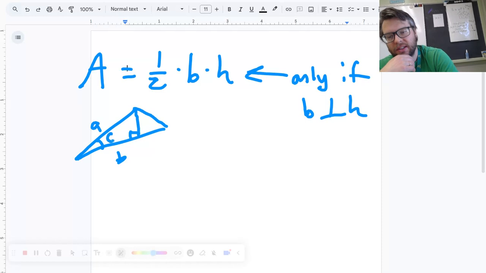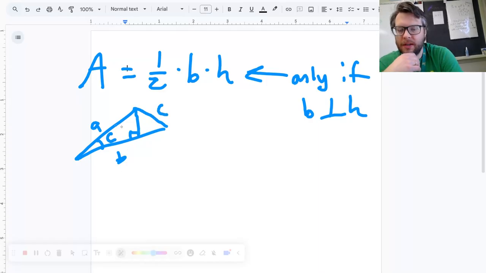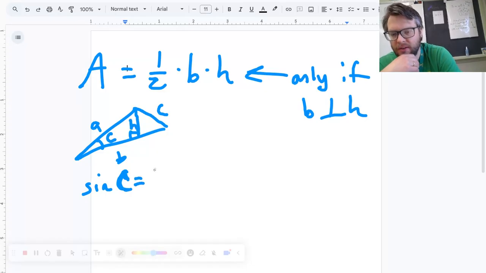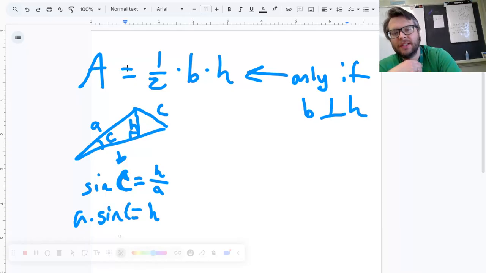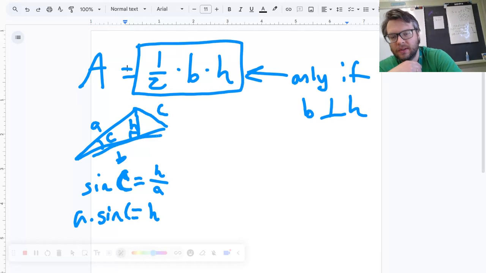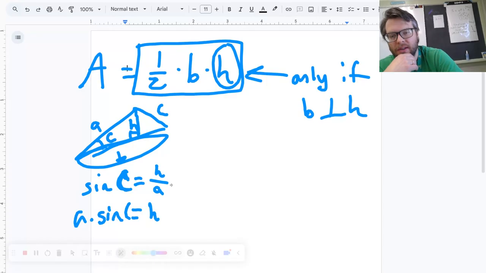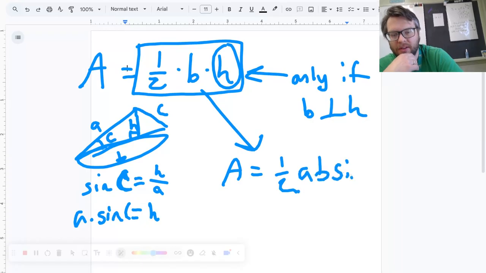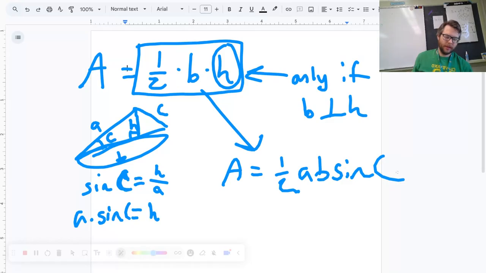Let's call this angle C, because it's opposite of side length C. I could say that sine of angle C is equal to the height of the triangle divided by side length A, which means that the height of the triangle is A times sine of C. Now I know a base and a height, so I have a formula that works for every triangle: 1/2 AB sine C.